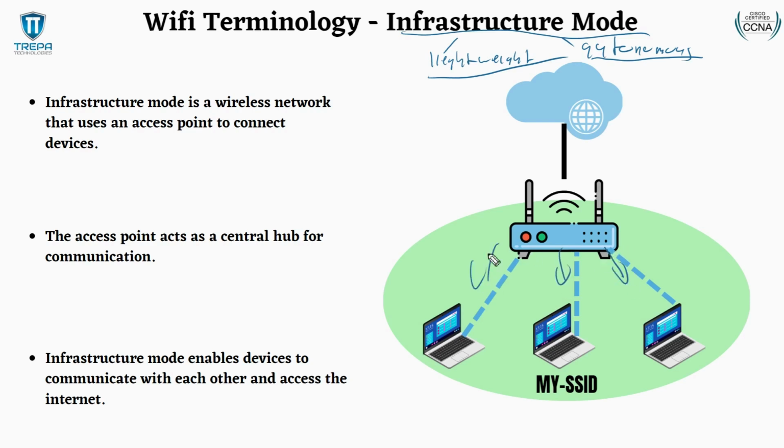That's what infrastructure mode means. Essentially, we are setting up devices, infrastructure, to have some sort of centralized way to manage and control the network traffic from our Wi-Fi enabled devices. So it's the complete opposite of ad hoc, where you just have endpoints talking to each other, right? There's no centralized hardware.